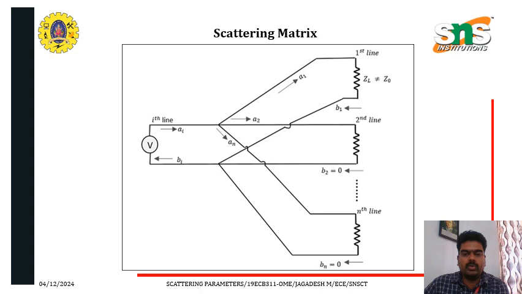B2 equal to 0, and in the first line ZL is not equal to Z0, that is, the load impedance is not equal to the output impedance, and Bn equal to 0. So this is the formation before forming the scattering matrix. We have to look into the two-port network, the input and output sections, and consider the current values and impedance values. After that only can we frame the matrix.